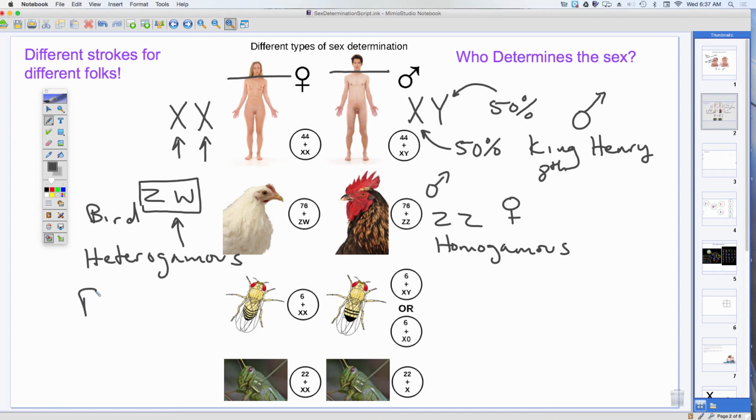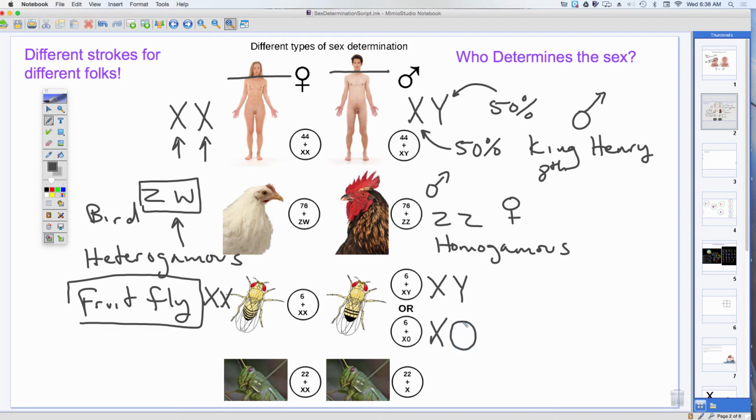If you were a fruit fly, well, you got a weird system going on. Much like human females, female fruit flies are XX, but male fruit flies can be XY or just X. That is, they don't have a second chromosome, and so sometimes we describe that as being X0, 0 referring to no chromosome.